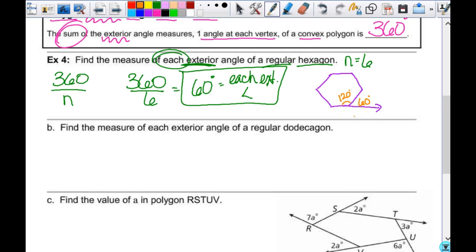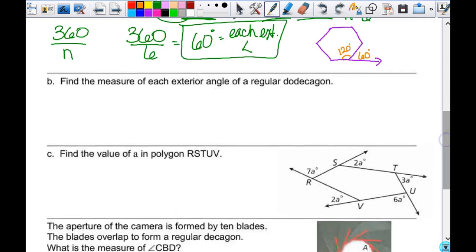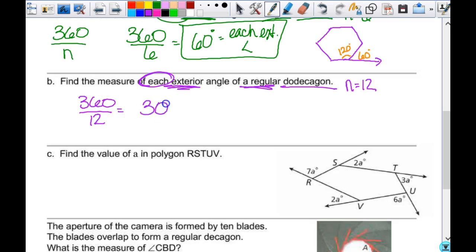All right, look at this one. It says find the measure of each exterior angle, regular dodecagon. Dodecagon, n equals what? 12. So this is going to give me 360 divided by 12, which is 30. And that is each exterior angle.